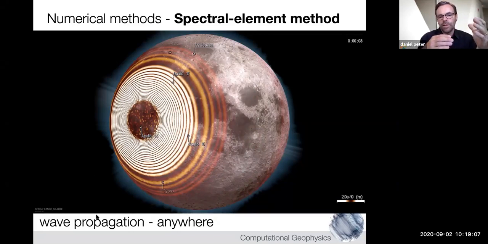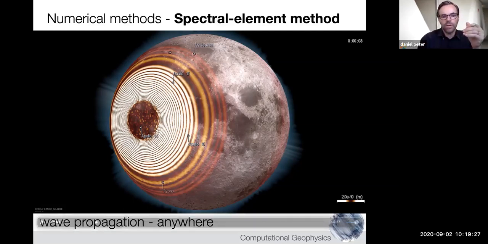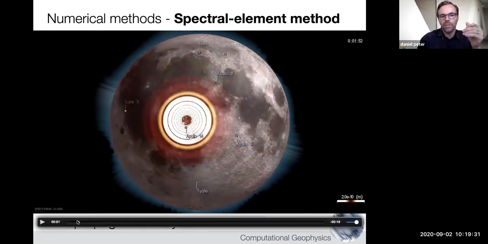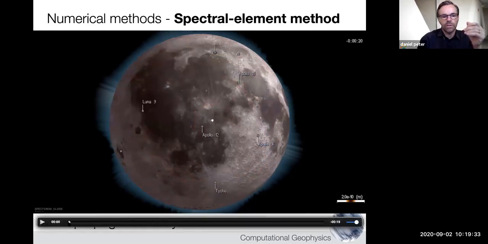As soon as the waves hit that core interface, like the core mantle boundary in the Earth, it's reflecting the seismic waves again. And then it interacts with the surface waves that propagate along the surface. That's why you see this kind of flickering at the beginning, which I found very interesting when we started that.